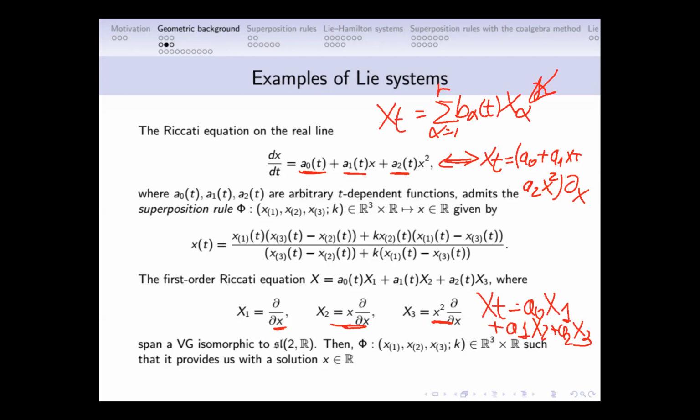The Vessiot-Guldberg Lie algebra is isomorphic to the special linear Lie algebra over the plane and the reals. So this means that the Riccati equation on the real line is a Lie system, and it admits a superposition rule. And here is the superposition rule that it admits.